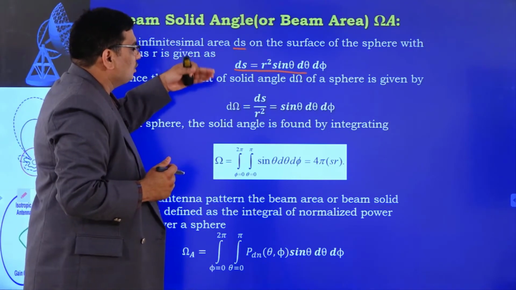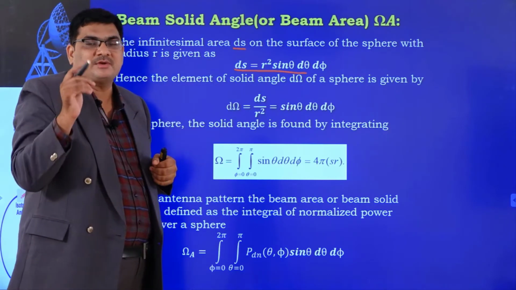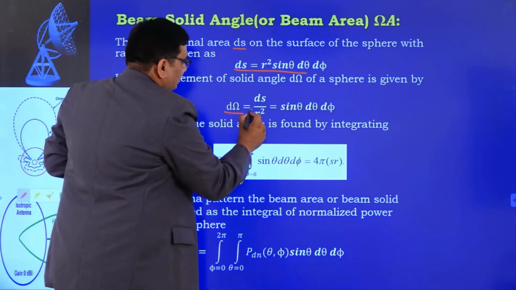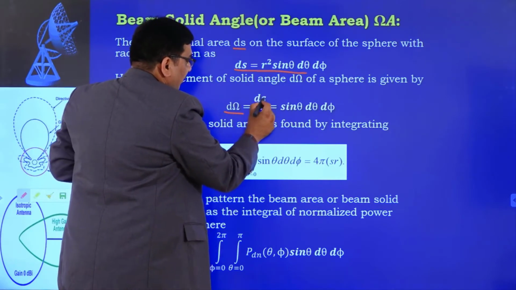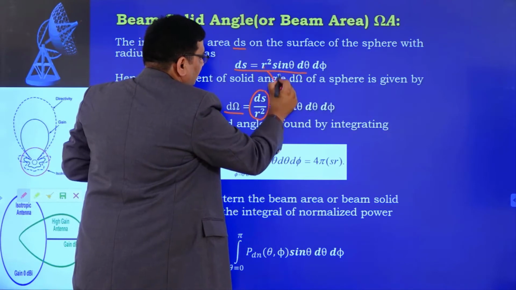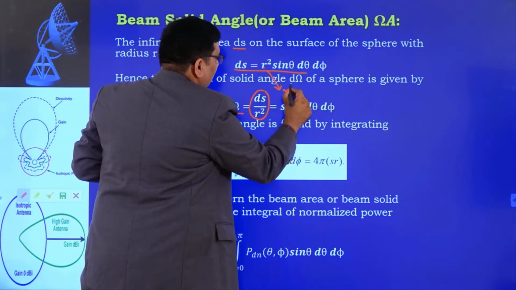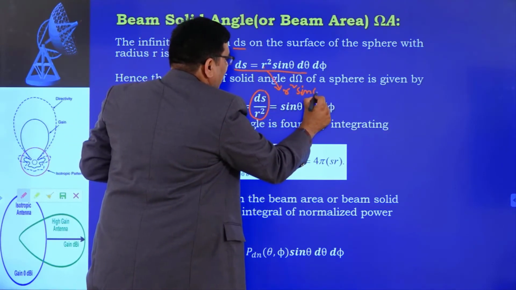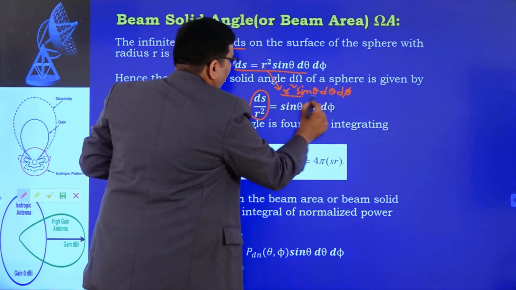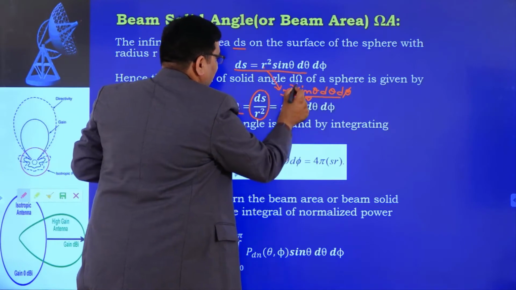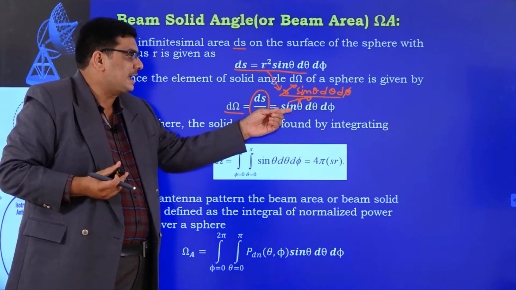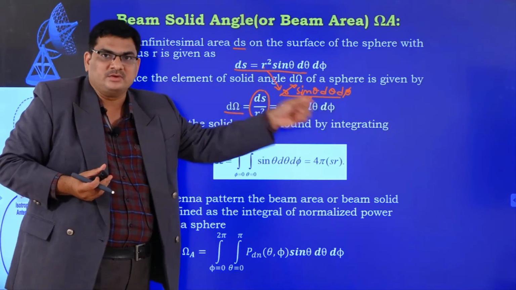From this we calculate the differential solid angle. The differential solid angle is defined as ds by r square. So we know ds is r square sin theta d theta d phi, divided by r square, so r square gets cancelled. So the differential solid angle is sin theta d theta d phi.